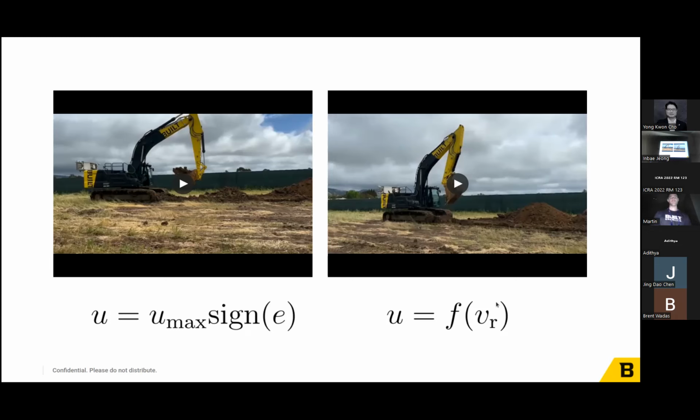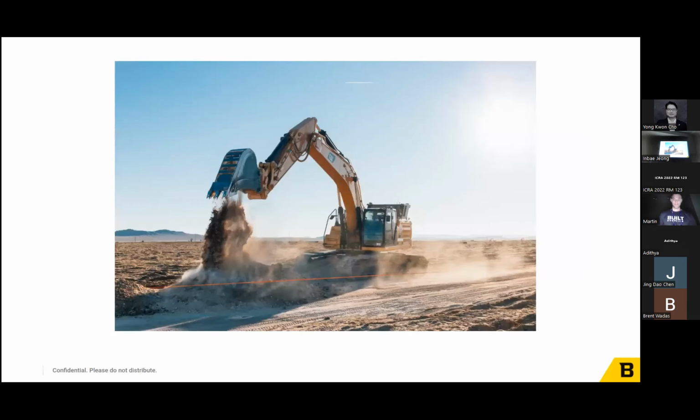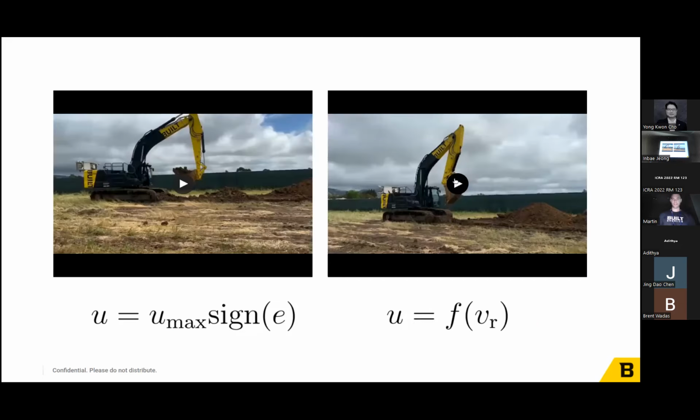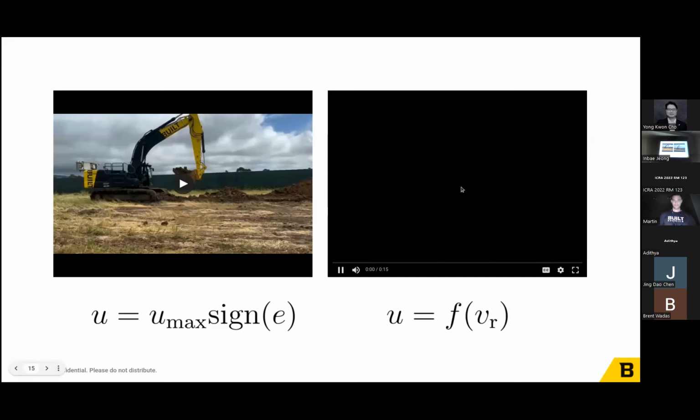So I have a reference velocity, and then I determine the joystick deflection, the thing that controls the tracks. I determine that as just a static mapping from the reference to that. So this one is just a feed forward structure here, and this is what it looks like when it's driving around.